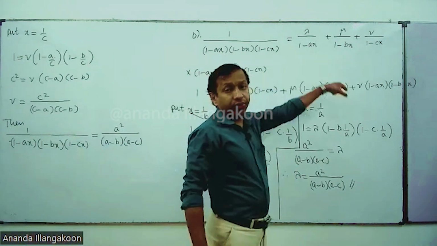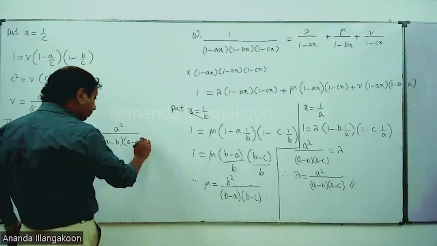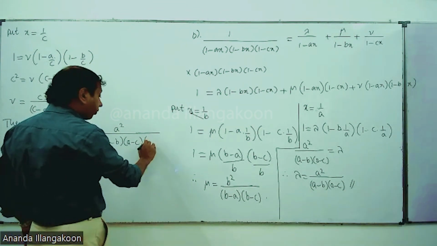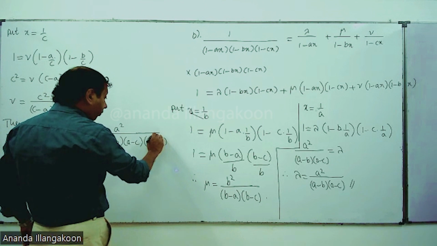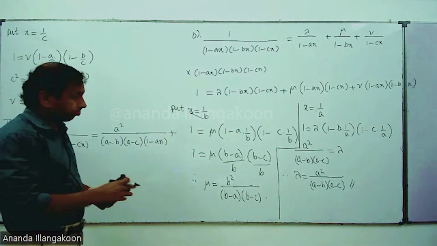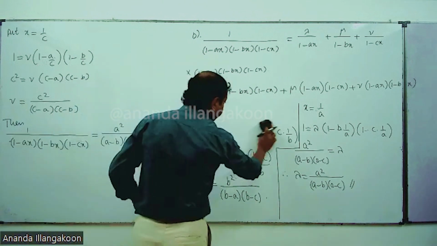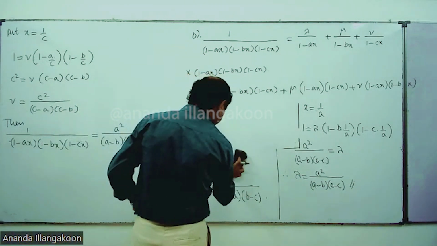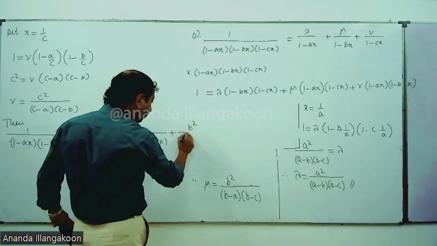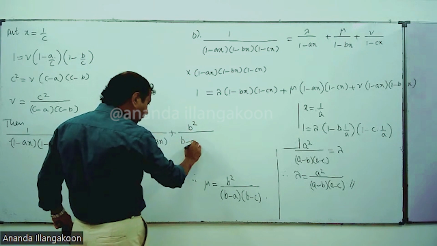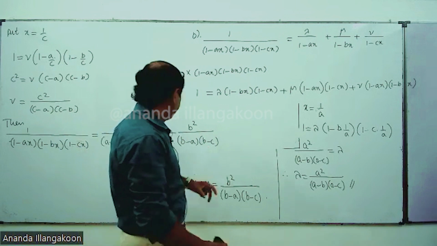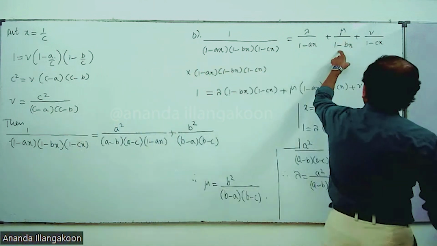Now the 1 minus x there we have. Plus mu, b squared over b minus a, b minus c. I substitute for mu, 1 minus dx.